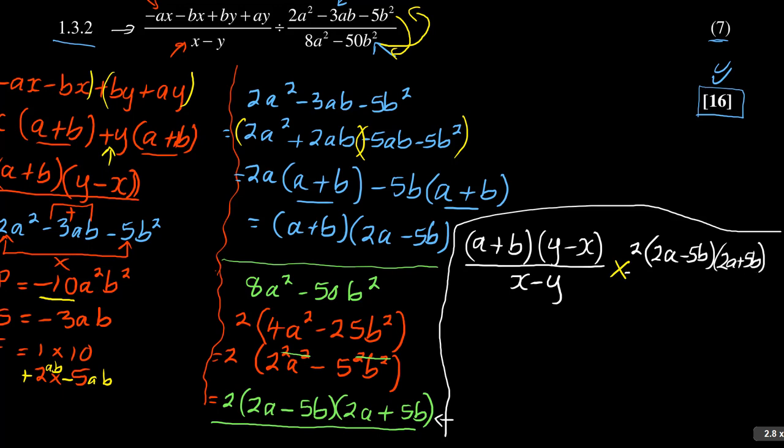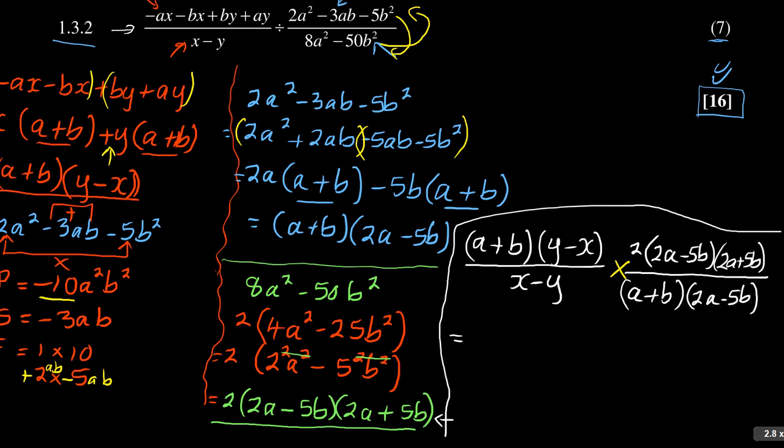You see that? Divided by, and then the top one, I got that as a plus b into 2a minus 5b.